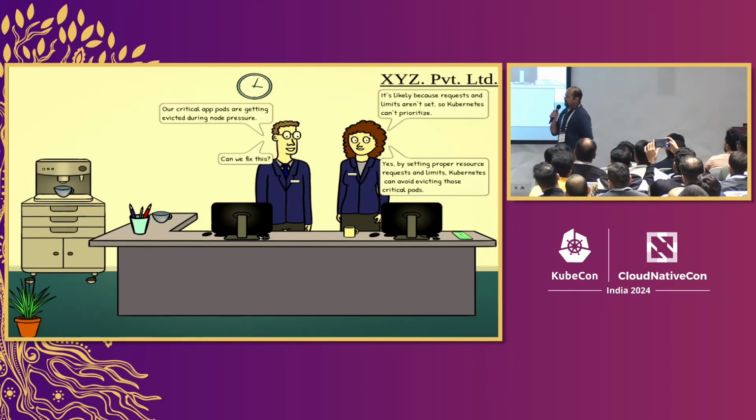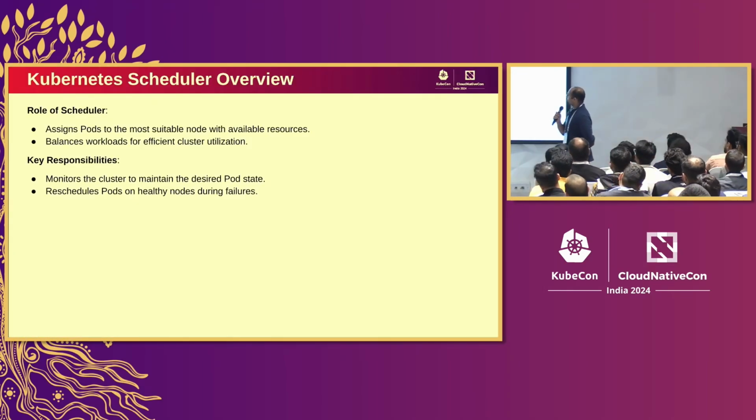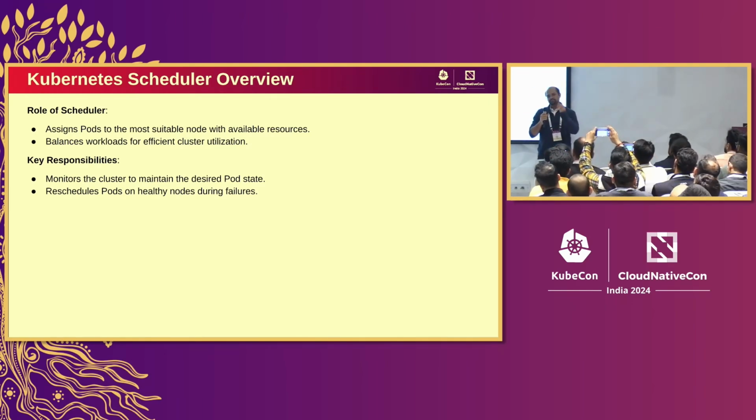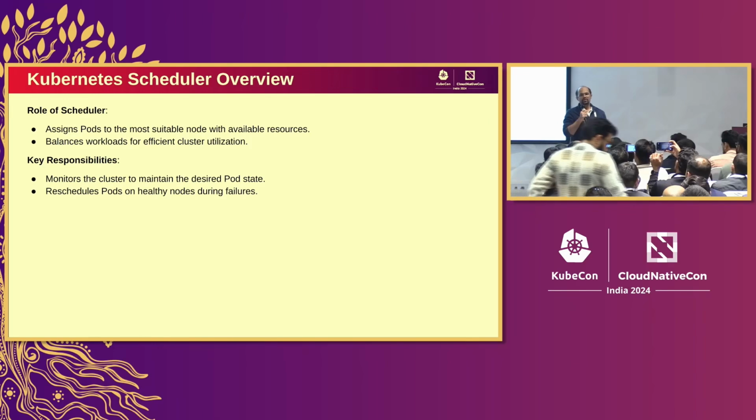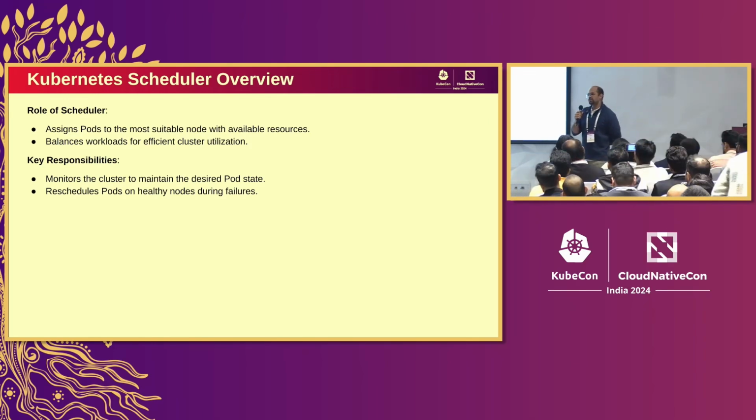So what do CPU and memory requests have to play, and what does the scheduler do? The scheduler is responsible for scheduling your pods on nodes. Depending on whichever node is healthy, it will schedule on that. But what do requests and limits have to play here?